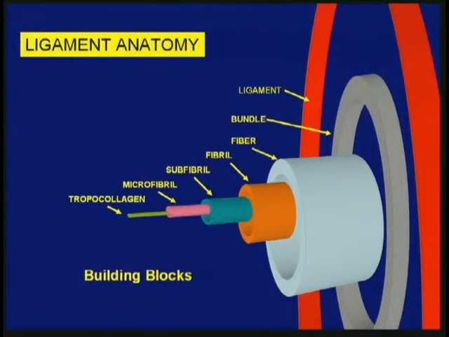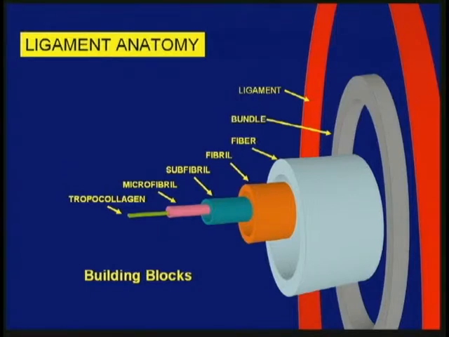As you probably recognize, I'm a real fan of collagen. I think it explains a lot of the biomechanics of the musculoskeletal system, and we will be talking about collagen in this talk and also in the meniscal talk that I will cover later today.